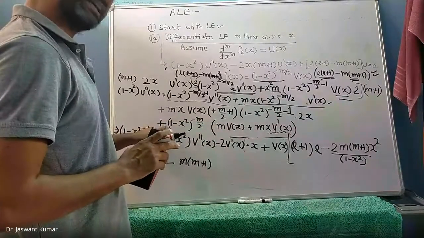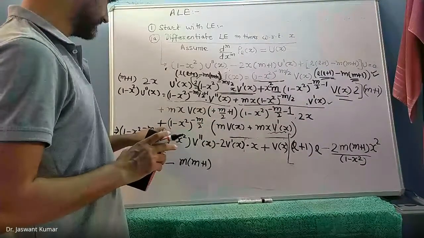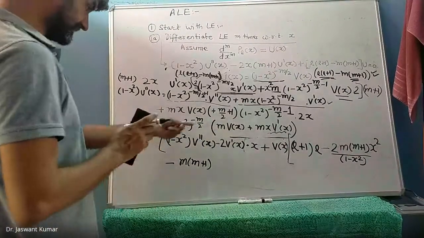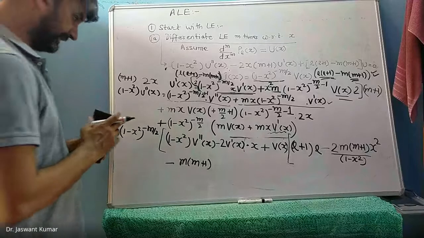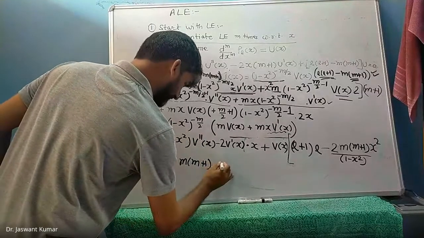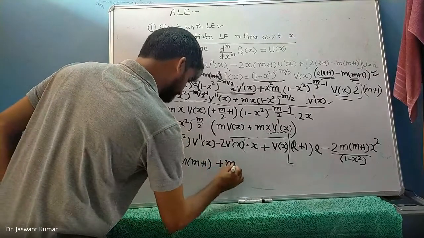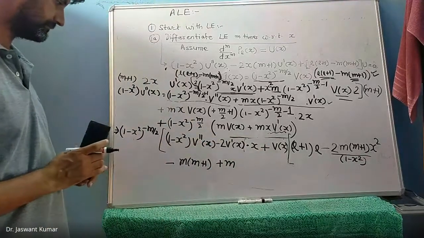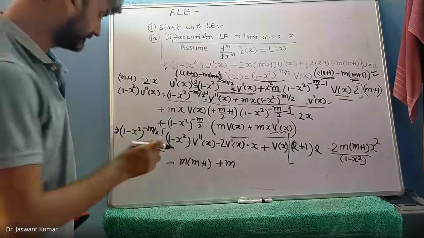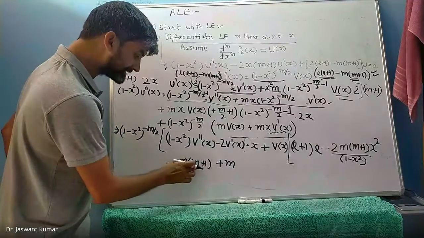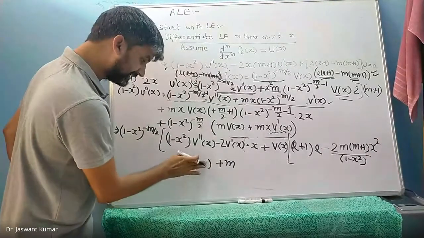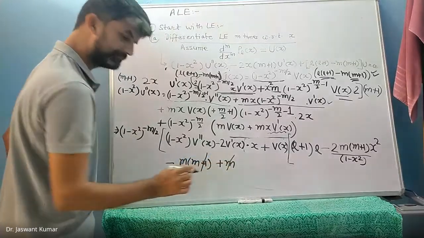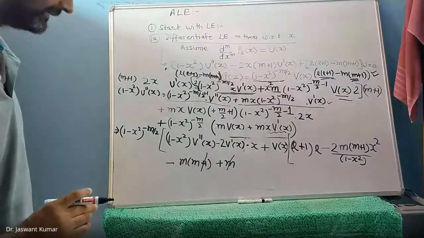This term is with a plus sign, and this says that this is plus m times v of x, because this minus m by 2 is anyway over here. So this is plus m times, and then v of x has been taken outside here. You see, this minus m into m plus 1 plus m, the plus 1 is getting killed by this plus m. Are you happy?